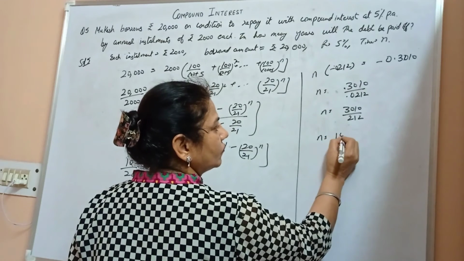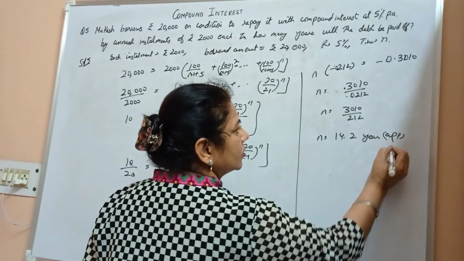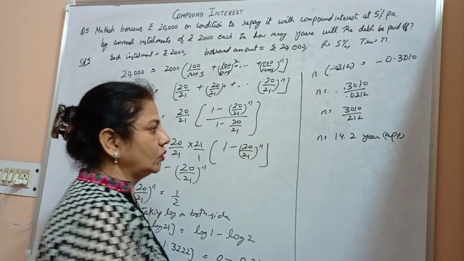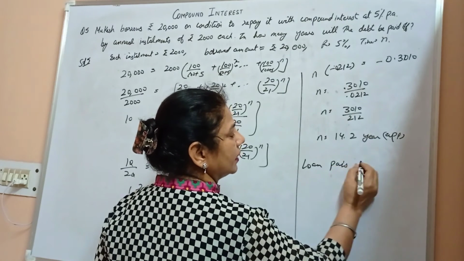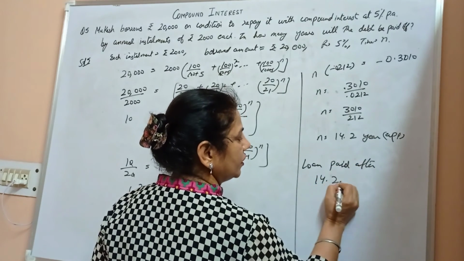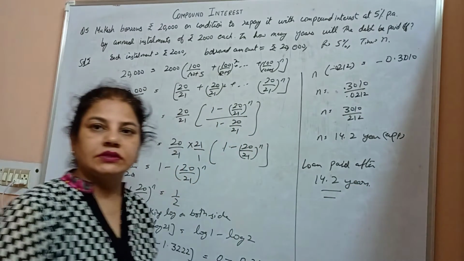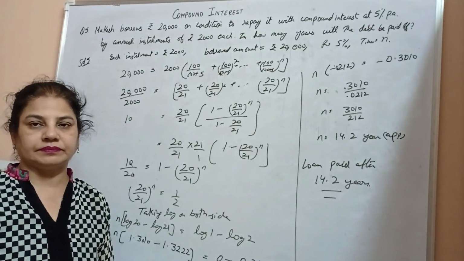On dividing, you will get 14.2 years approximately. So the loan is being paid after 14.2 years, that means 14 years 2 months.